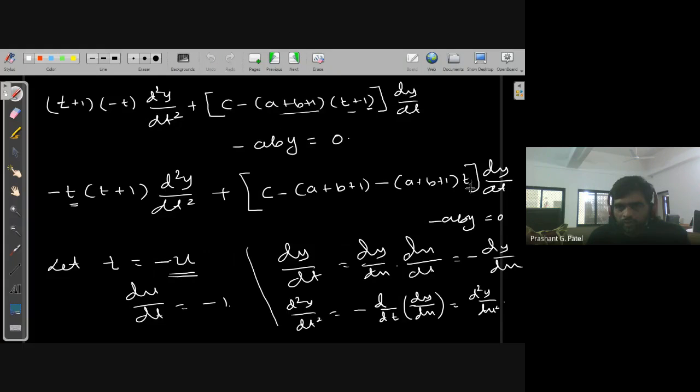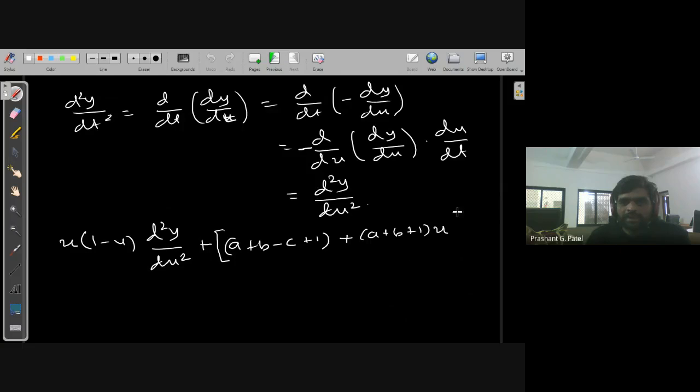Due to this u, it will become plus, and dy by dt is minus of dy by du, so this plus will become minus, so that minus of dy by du is there, minus aby is already there.